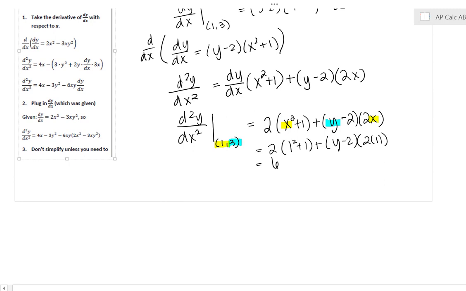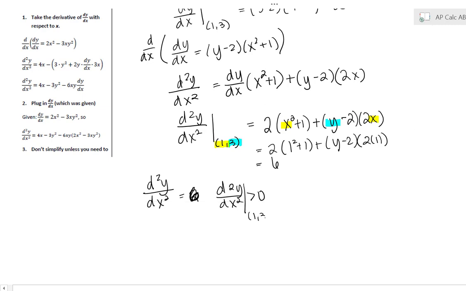So to summarize, d2y over dx squared equals 6. d2y over dx squared is greater than 0 at my point 1, 3.